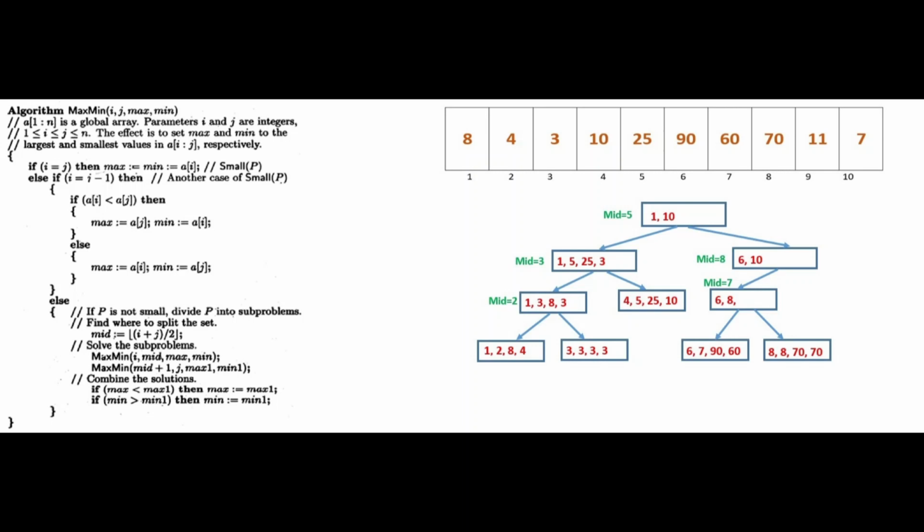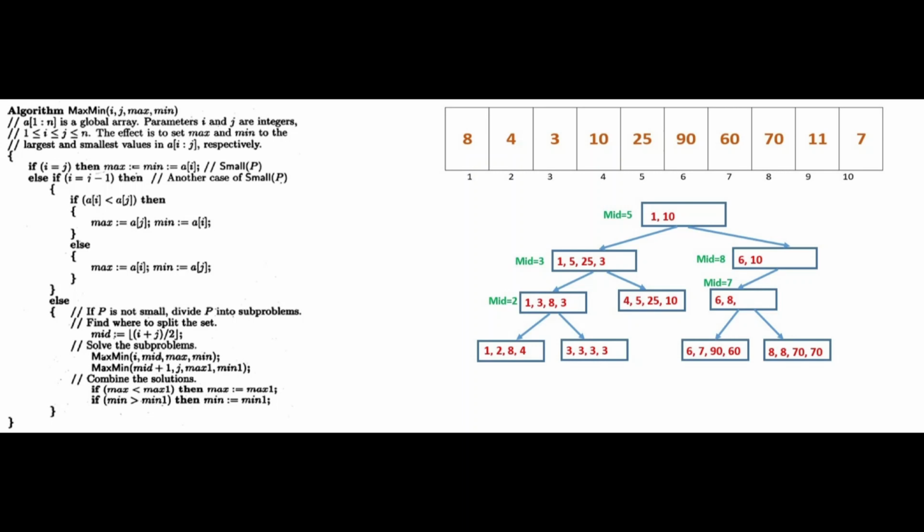Okay, in the case of that parent node, the two recursive calls are completed. Next, its execution is to combine the solutions. So it combines the two solutions of the recursive calls, that is, find which is maximum from 90 and 70. Find the maximum value and assign it to variable max.